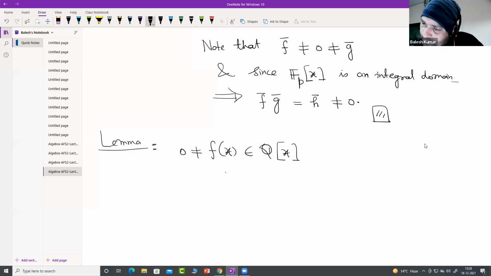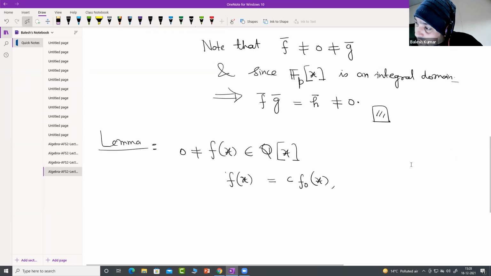What this lemma says is that if there are denominators, if there are non-trivial rational numbers, we can clear the denominators, and we will get some rational number c and another polynomial f0(x), where f0 is a polynomial with integer coefficients.